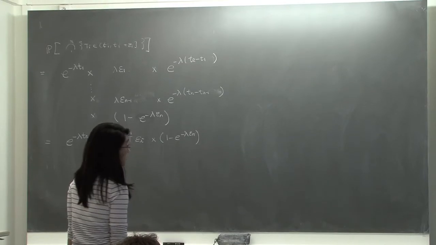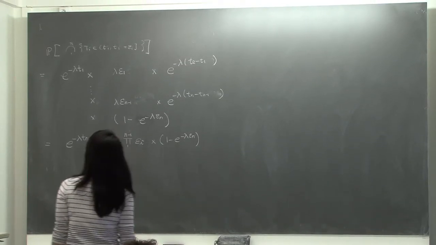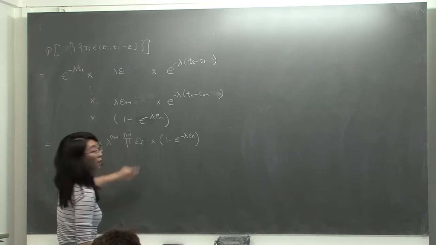And now we can calculate the density. So now we need to normalize this probability by the product of the epsilon i's.